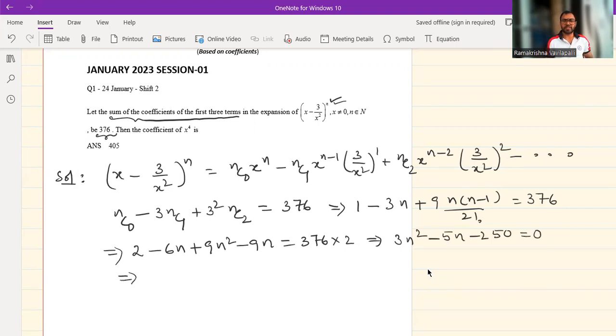After factorization, you will get (n - 10)(3n + 25). Anyway, n is a positive integer, so we get n equal to 10.